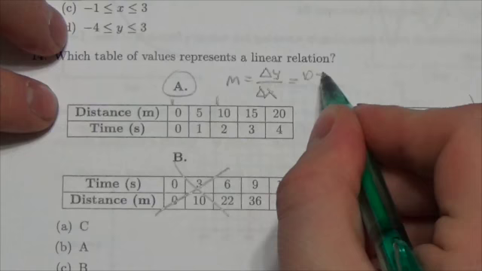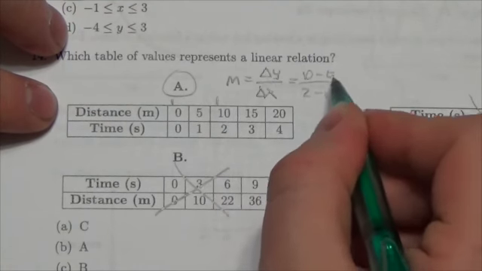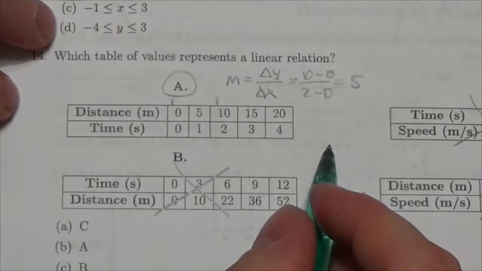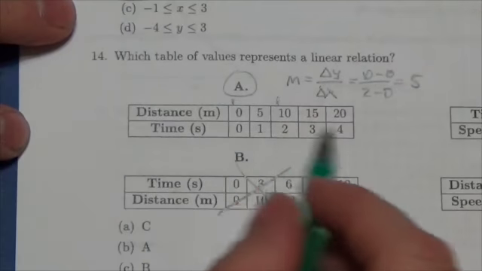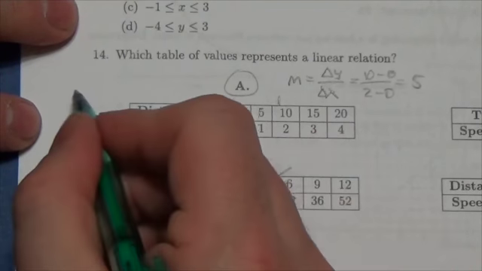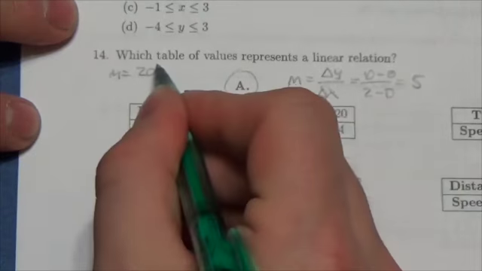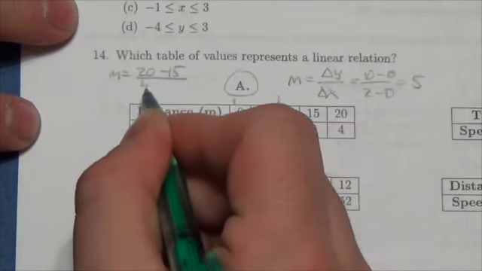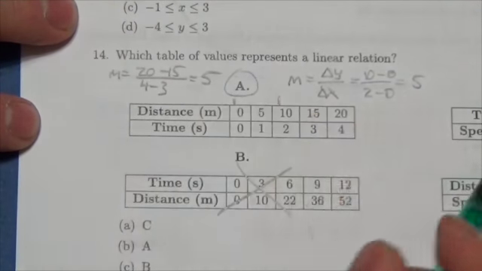I would go 10 minus 0 over 2 minus 0, and that would give us a slope of 5. That in itself is not all that significant, but let's take another pair of points. Let's take the last two values. The y value is 20 minus the initial y value of 15, over 4 minus 3. And again, we end up with 5.